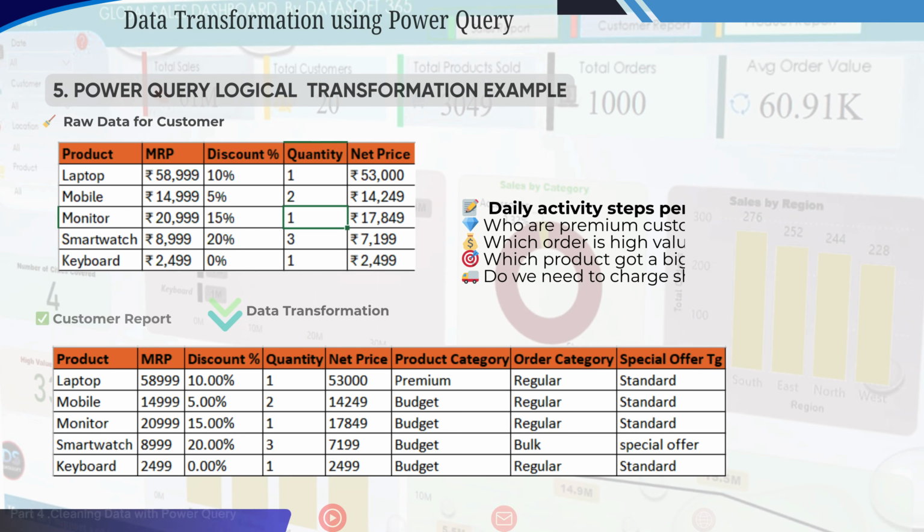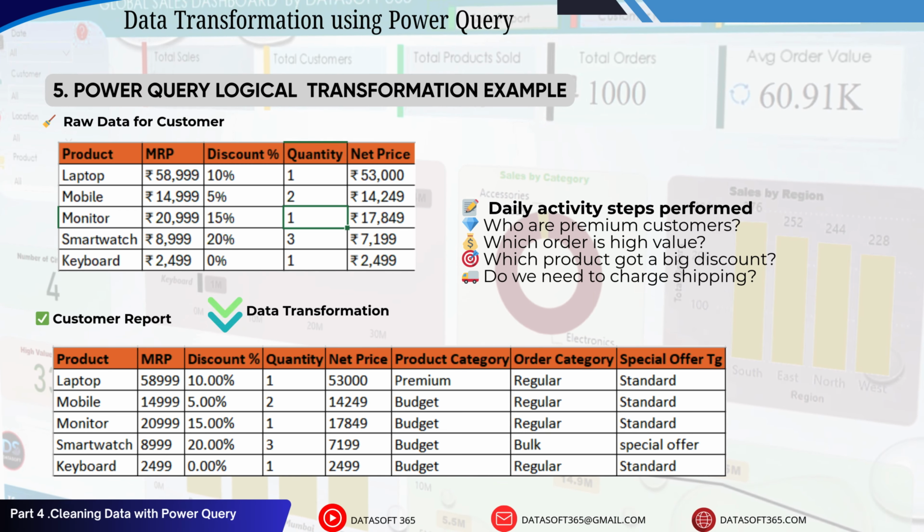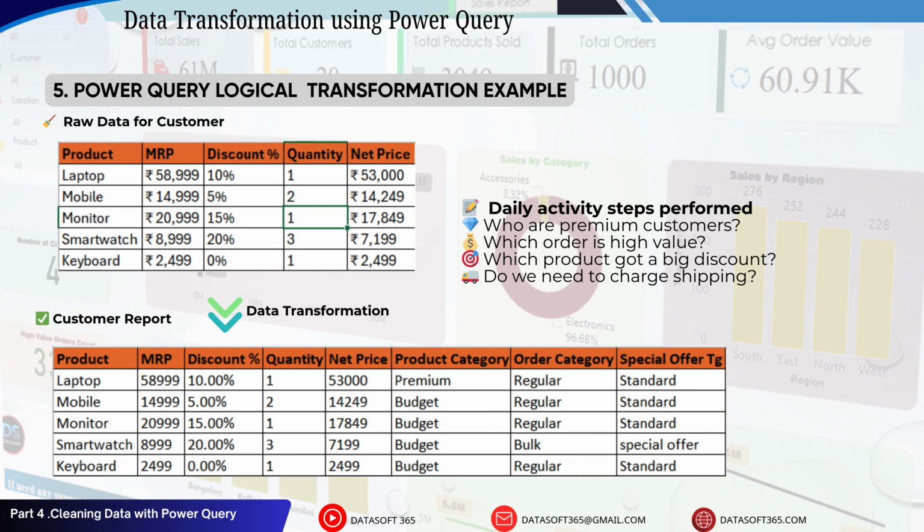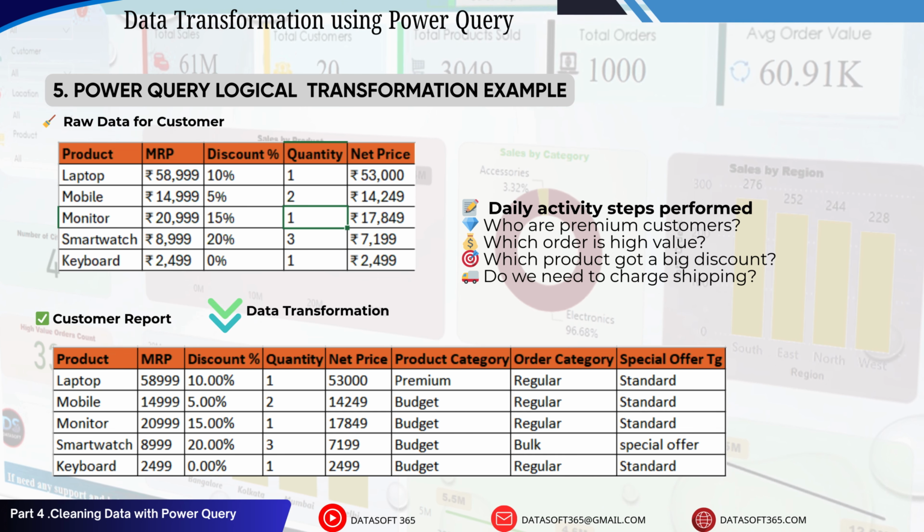Logical transformation means applying conditions to your data. Let's look at this simple sales data. You want to know who are premium customers, which order is high value, which product got a big discount. Do we need to charge shipping? So here we can apply logic in our data. If a customer spends more than 20,000, mark as premium.